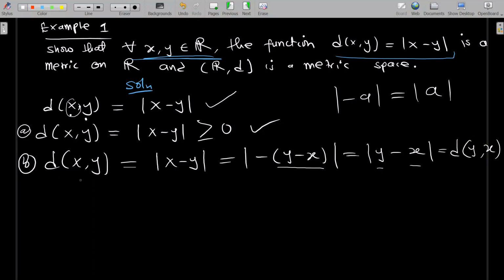So now everything on this line is related by equality. It means d of xy is equal to d of yx, and the symmetry aspect is also satisfied now. Now the next thing is to show the triangle inequality, so that it will be complete for us to see that the function defined on R is actually a metric.